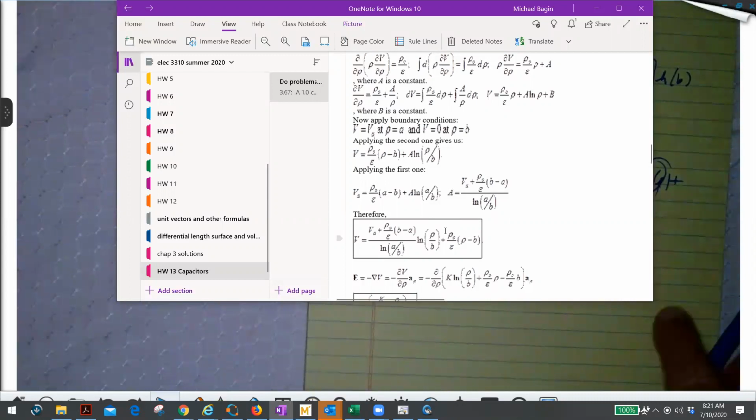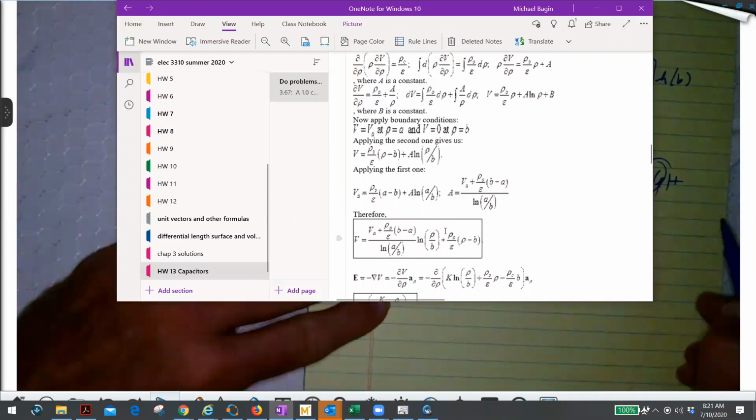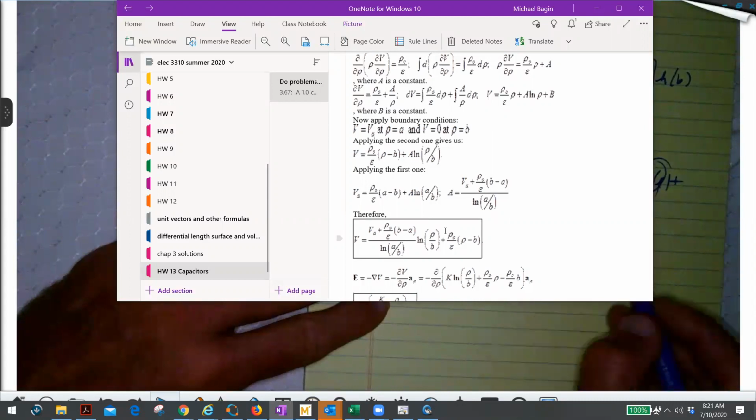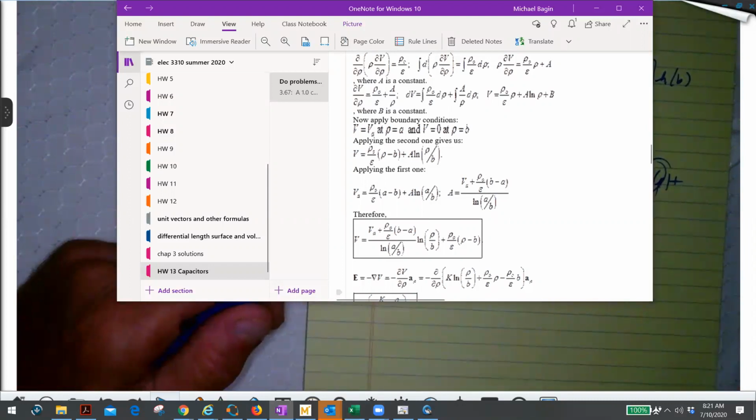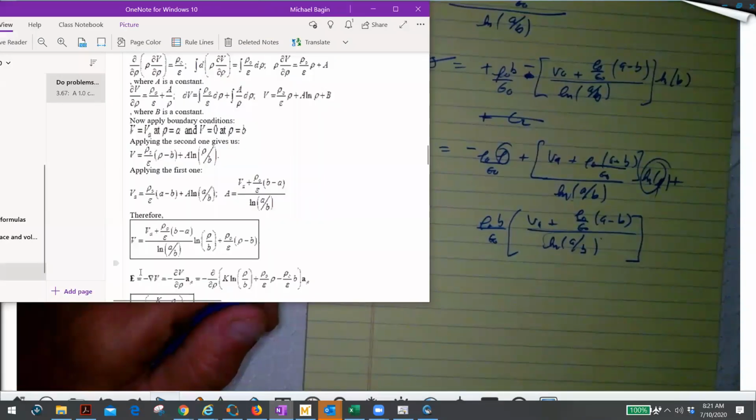And let me tell you a couple of tricks. When I'm looking at this log of A over B, I see he has that. If you look right here, this is the coefficient of the natural log, right?